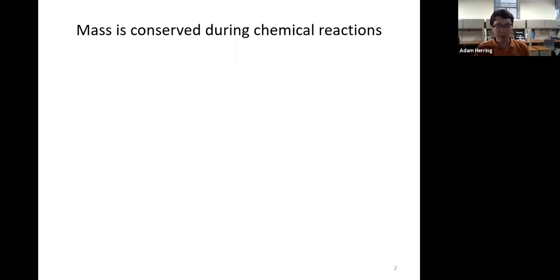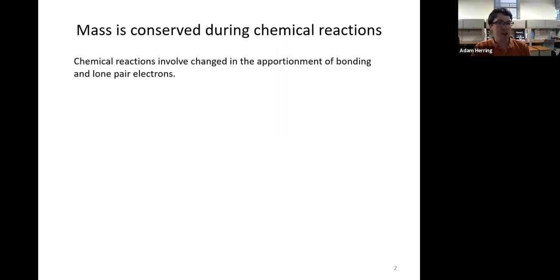So let's first talk about some underlying principles here. When we do a chemical reaction, mass is being conserved. What this means then is that the mass of the reactants is going to be equal to the mass of the products.